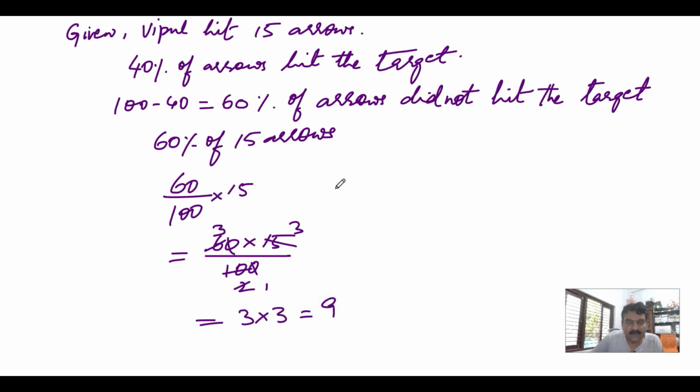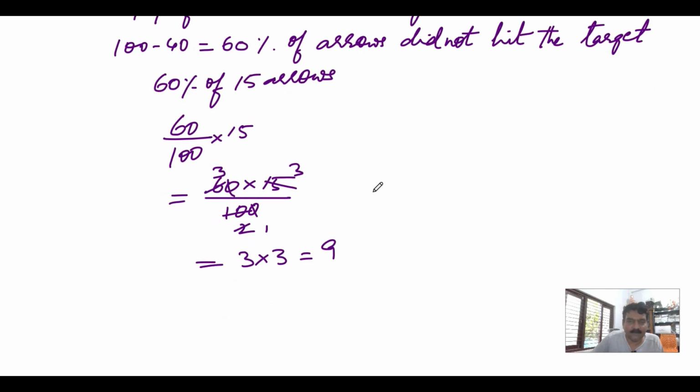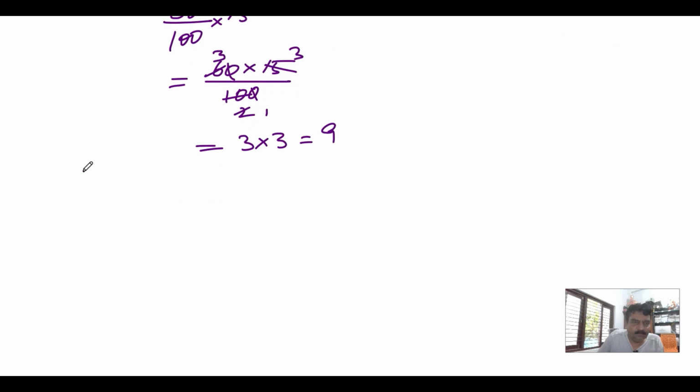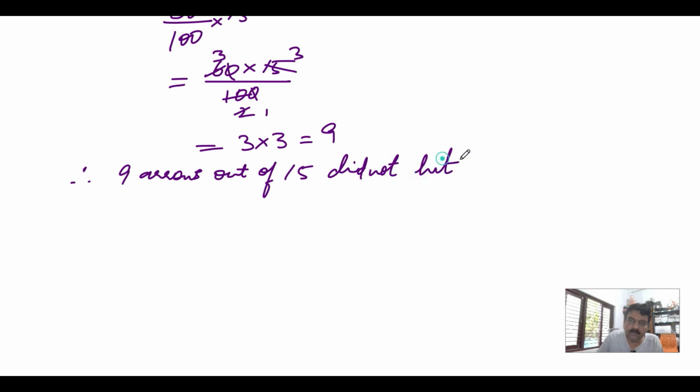Meaning to say 9 arrows did not hit the target. Therefore 9 arrows out of 15 did not hit the target.